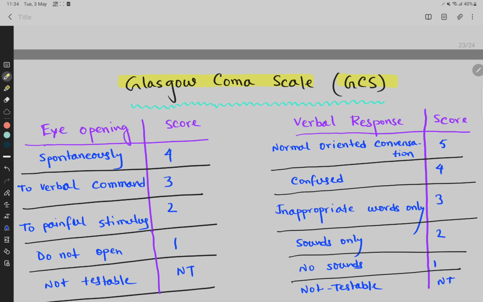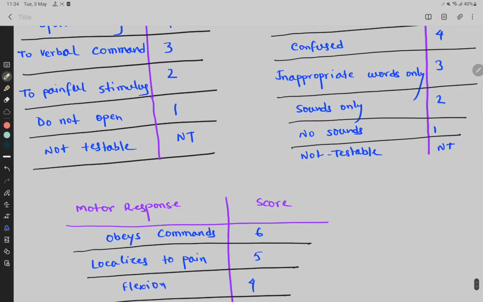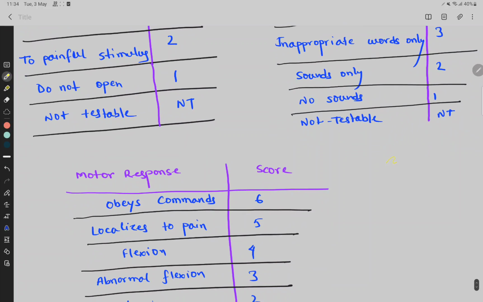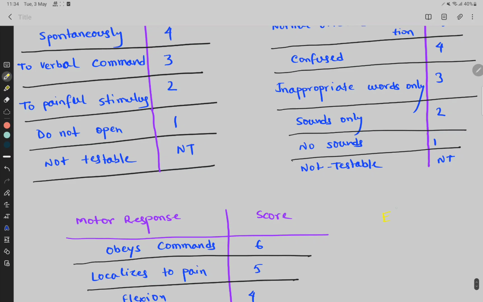Those three components are eye opening, verbal response, and motor response, and by these three names this is also called EVM. So this is about E4 V5 M6.